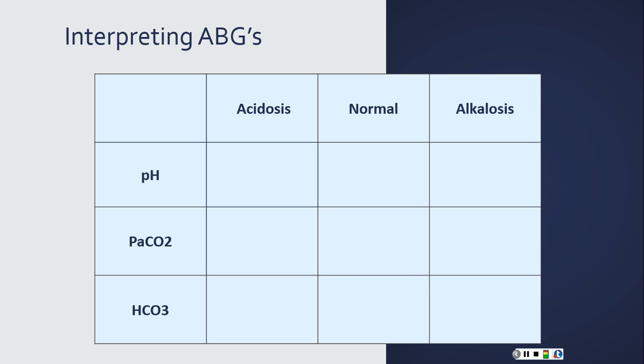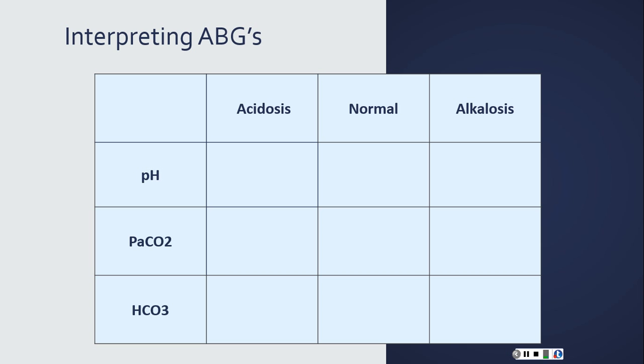I've got a pH at 7.45. My CO2 is 48. And my bicarb is 29. So I've got 7.45, CO2 of 48, and a bicarb of 29.